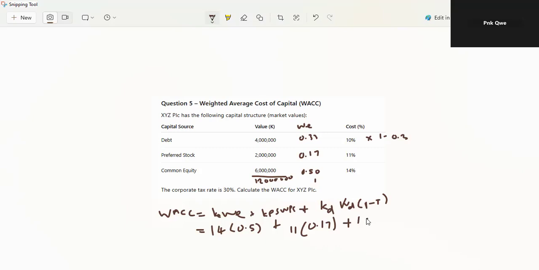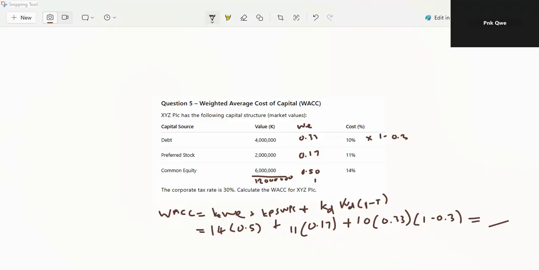What was the weight of debt? 0.33. And what was the tax shield? 1 minus 0.3. Then you aggregate. Are we together so far? Yes. Okay.